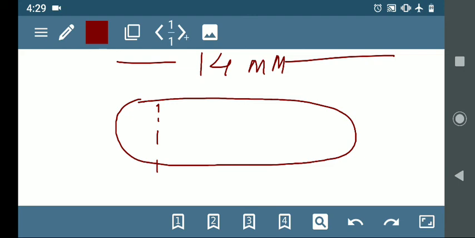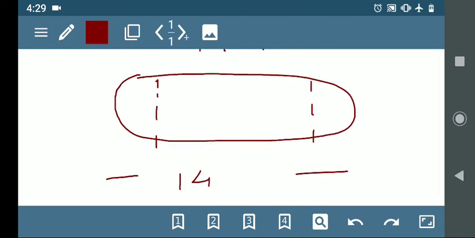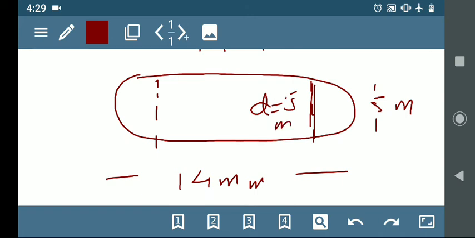But the height of this capsule is 5 millimeter. This 5 millimeter is nothing but the diameter of the hemisphere. Then what is the radius? Half of it, that is, radius is equal to 5 by 2 millimeter. Therefore, this height is also 5 by 2 millimeter.